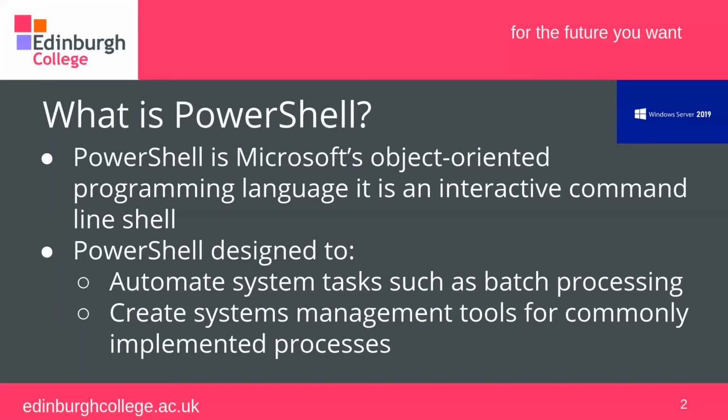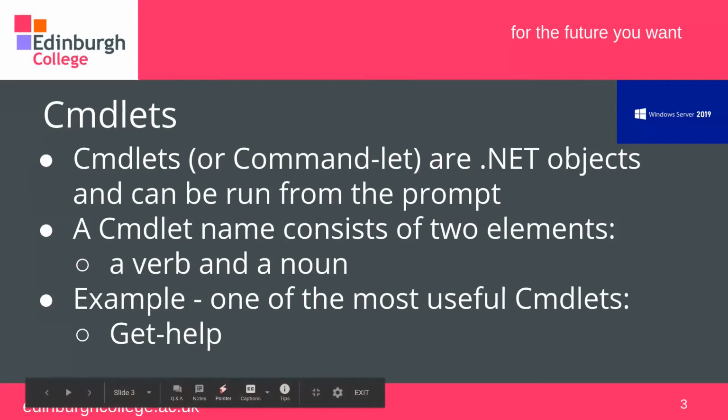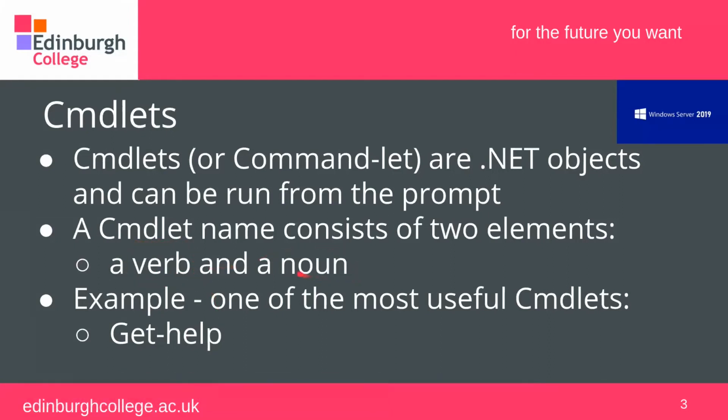PowerShell uses this concept called commandlets. These are objects that can be run from the prompt, and each commandlet has two parts to it: a verb and a noun, just like normal language.